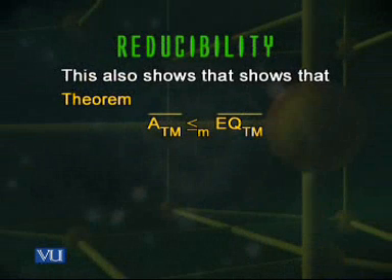However, this reducibility also shows that the complement of ATM is mapping reducible to the complement of EQTM. Since we know that the complement of ATM is not Turing recognizable, we can conclude that the complement of EQTM is also not Turing recognizable. Well, how do we know that the complement of ATM is not Turing recognizable?